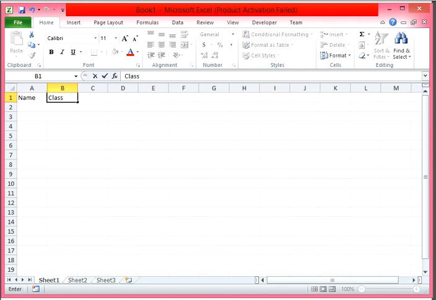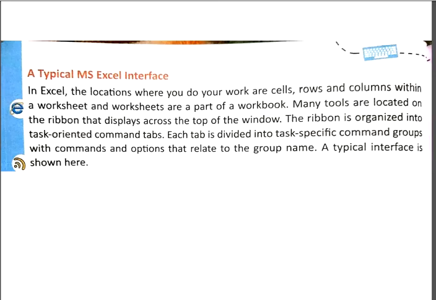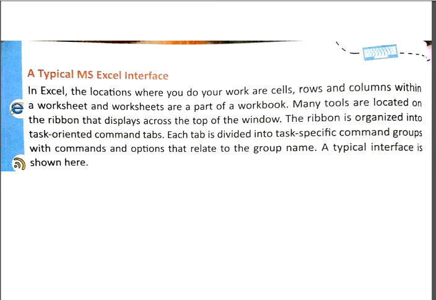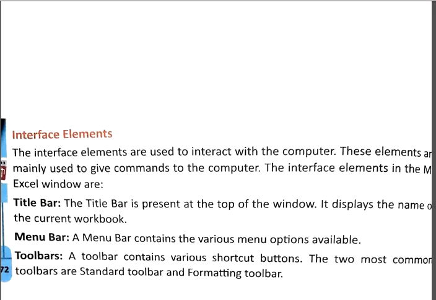These are the working areas, so we are working with cells here. Rows and columns are within a worksheet, and worksheets are part of a workbook. Many tools are located on the ribbon that displays across the top of the window. The ribbon is organized into task-oriented panels, and each tab is divided into specific groups. See here, these are the groups that we have talked about.